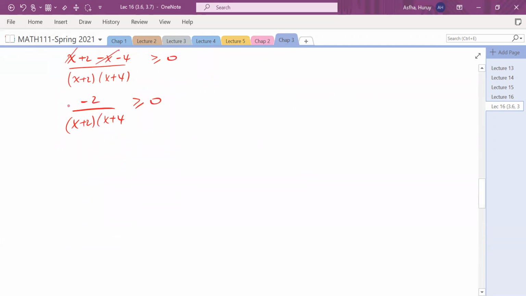Now, the question is, for which values of x does this inequality hold? The numerator is always the same. It doesn't change. It's always negative 2. So the question is only the denominator: when does it change sign?